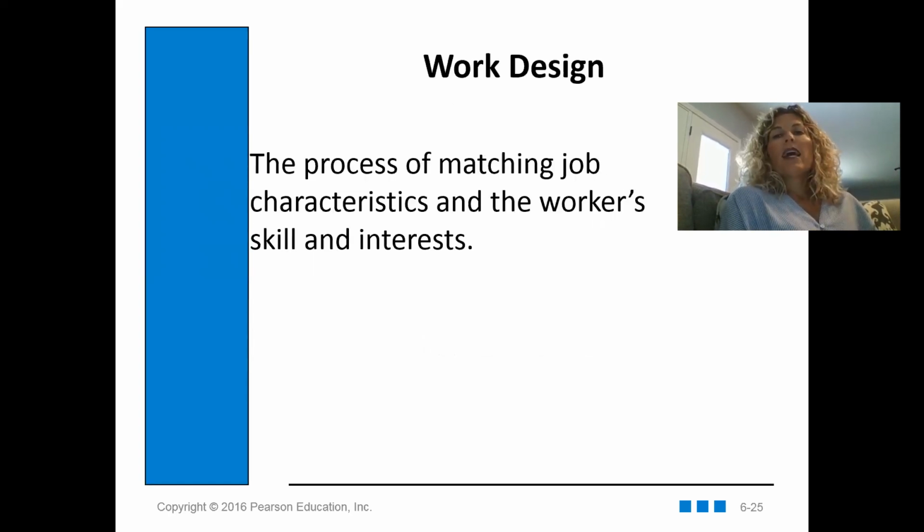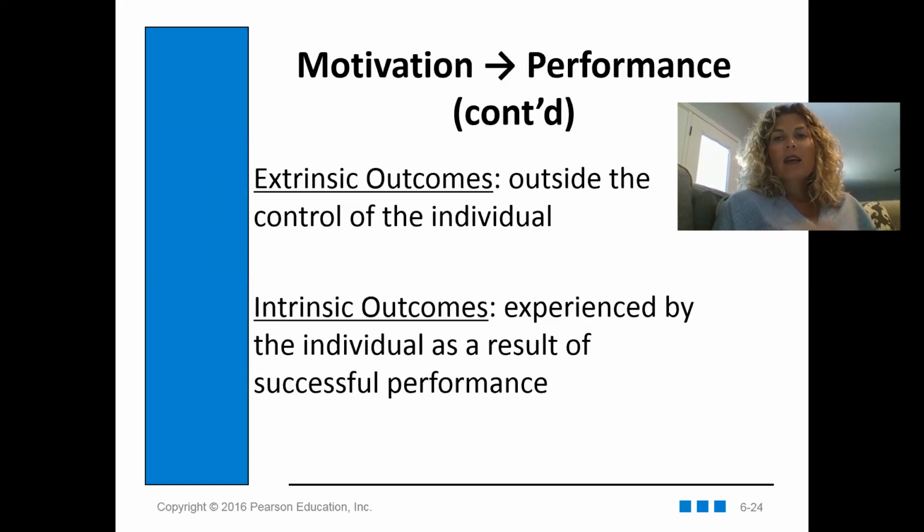So when we look at, and let me back up for just a second. When we look at extrinsic rewards, sometimes I don't have enough in my budget to give you a raise, or there's no position available for me to give you a promotion to. And so, I want to think about what are some of these intrinsic options that I might have. All right.